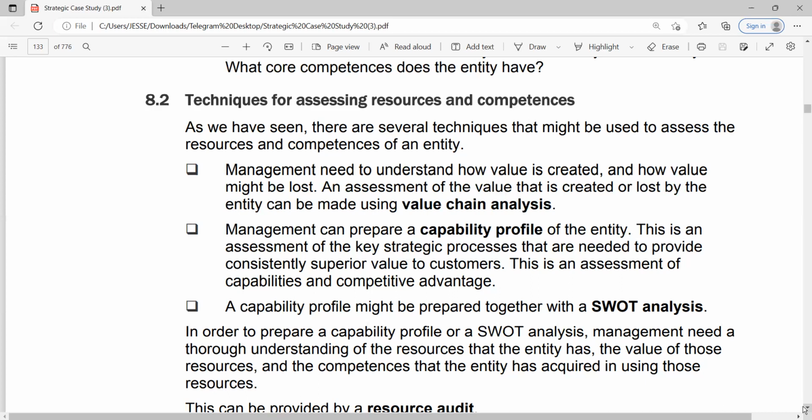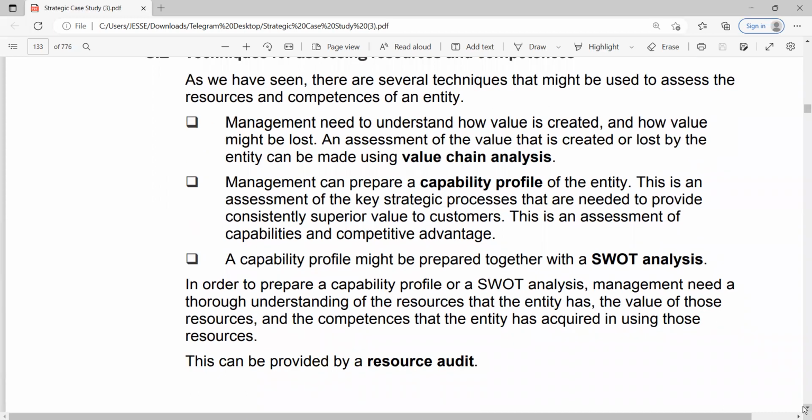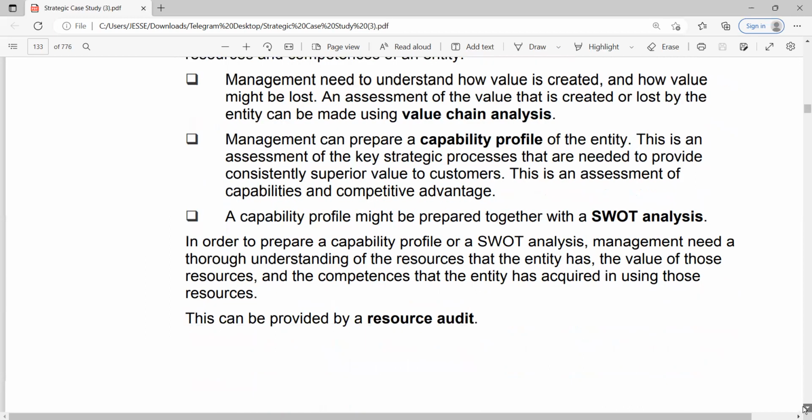What kind of resources do you have? What value are those resources offering, right? And what competencies is the organization developing as a result of the usage of those resources? So the process of understanding resources in detail is called a resource audit. A resource audit.